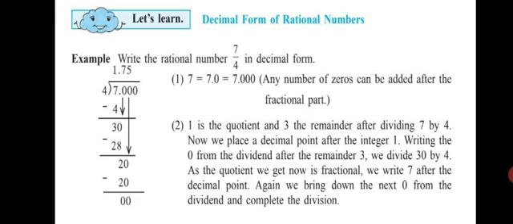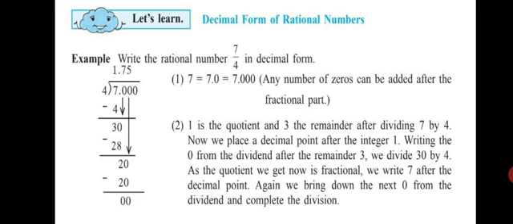Only after we divide 7 by 4, there is a decimal point. So after the 1 in the quotient, we take a decimal point. In this way, you are going to write the decimal form of rational numbers. So 7 is equal to 7.0, which is also equal to 7 point as many zeros. Any number of zeros can be added after the fractional part.